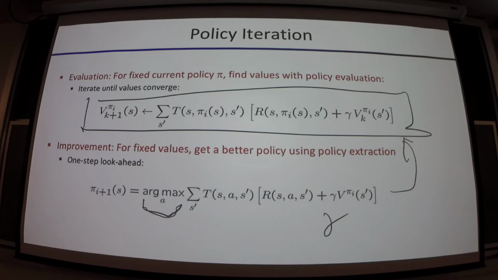Maybe you start off with a policy that worked well for something related, like a different robot that looks similar, or where you have the same state and action space, or a different environment, or slightly different, these kinds of things. It really depends. But in the worst case, you can start with some random policy, or you can start with some fixed policy that's not very good. You could run this in parallel a bunch of times with different initializations, get different values, right? It's all kind of up to you.